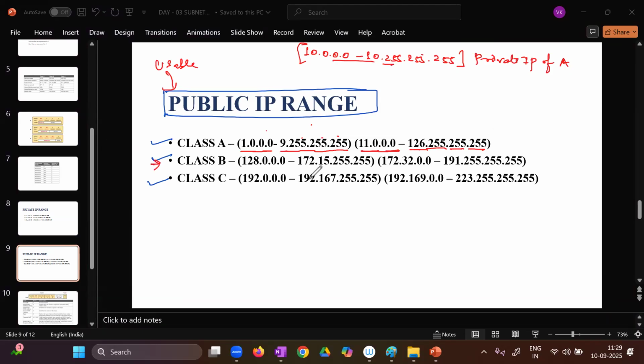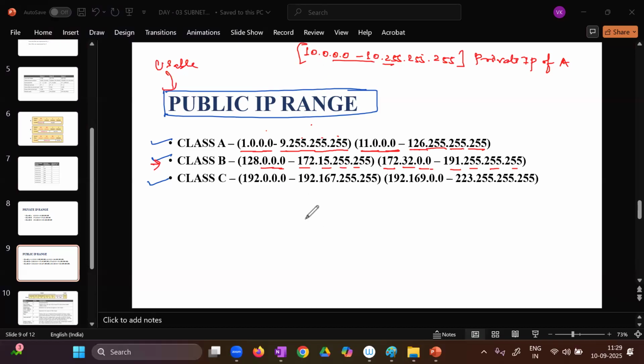Next is class B. So in class B, what is the range? 128.0.0.0 until 172.15.255.255. And now see this side, what it is doing. It is starting from 172.32.0.0 and ending at 191.255.255.255. That is fine. But what about the middle one?